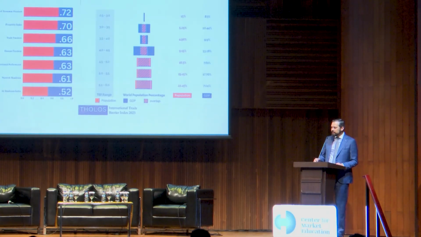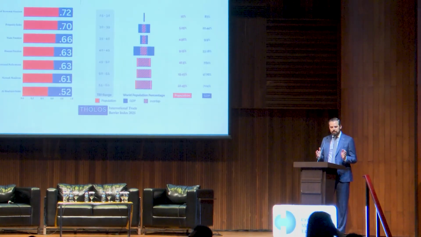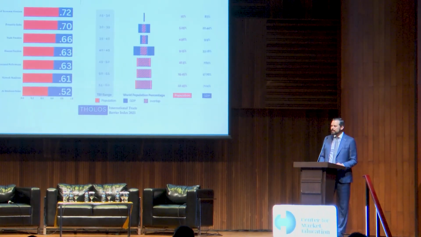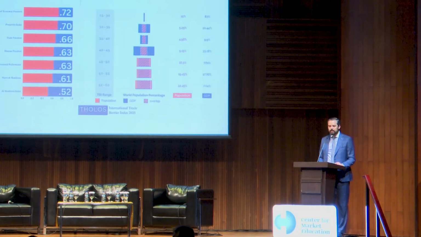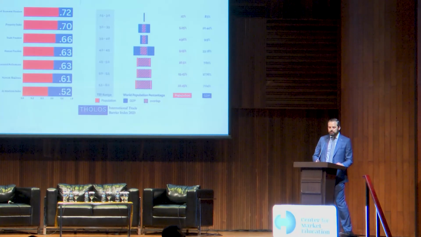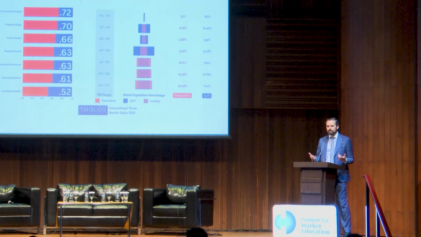And what the Trade Barrier Index shows is that the first countries, with the lowest scores, meaning lower trade barriers, are only about 6% of the world's population, but they produce 21% of global GDP. This is the story of comparative advantage.